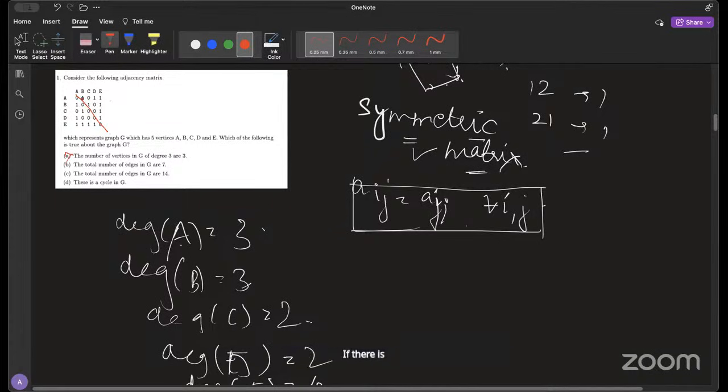You can consider the entries either above the diagonal or below it. If there is a non-zero entry here, then you will see a corresponding non-zero entry there. So for every non-zero entry, don't count it twice, just count it once. So it's 1, 2, 3, 4, 5, 6, 7. The number of edges is indeed 7, because the number of non-zero entries above the diagonal is 7. So this should be correct.